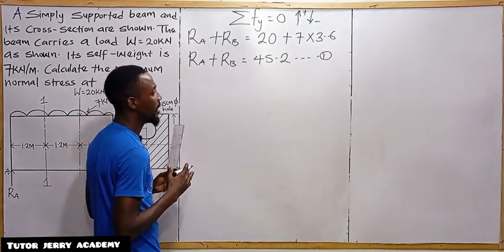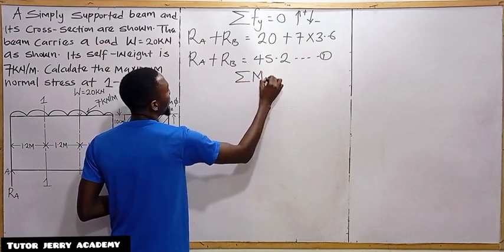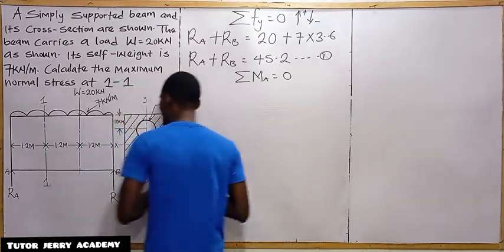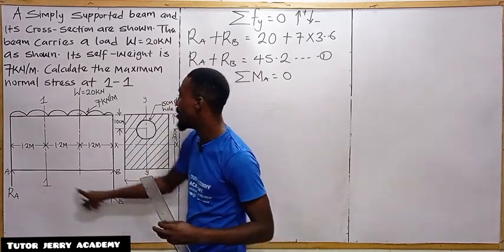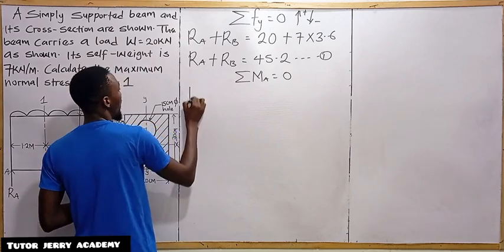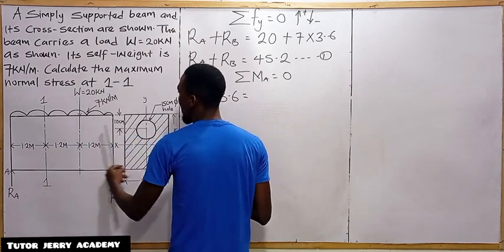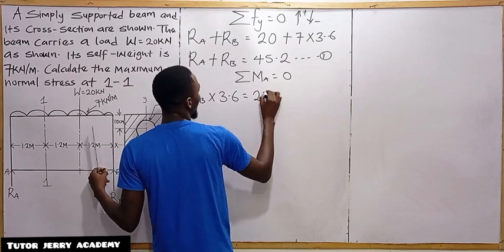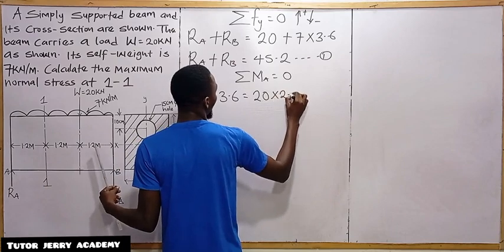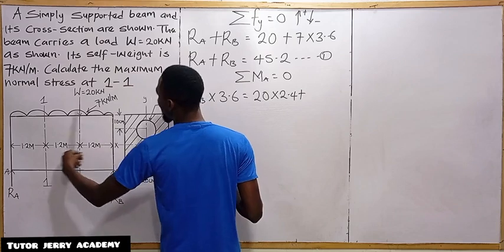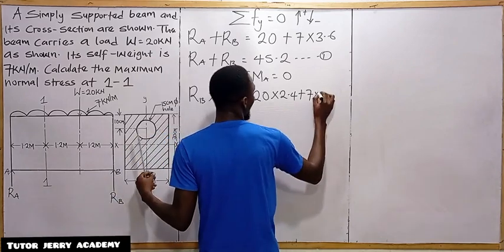The next thing we are going to do is take the summation of moment about point A to be equal to 0. This is our point A, so we are taking our moment towards that side. So it's going to be RB multiplied by the total distance, RB multiplied by 3.6, equal to our downward force, which is 20, multiplied by the distance 2.4, plus our uniform distributed load, which is 7, multiplied by the total distance 3.6.